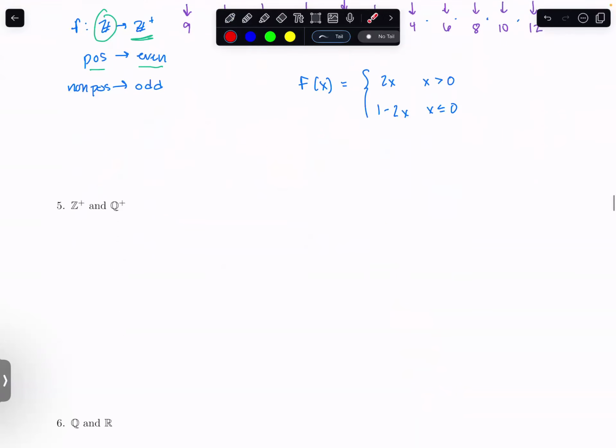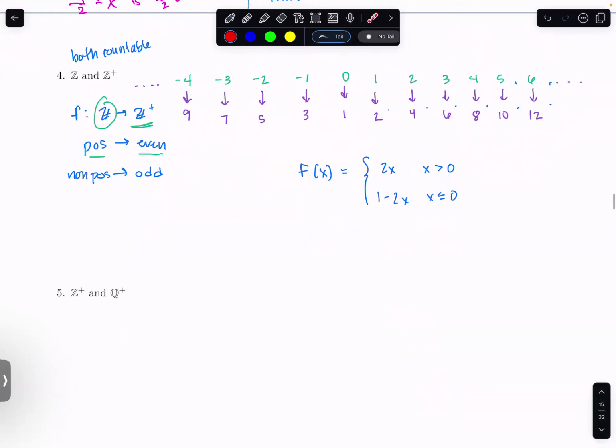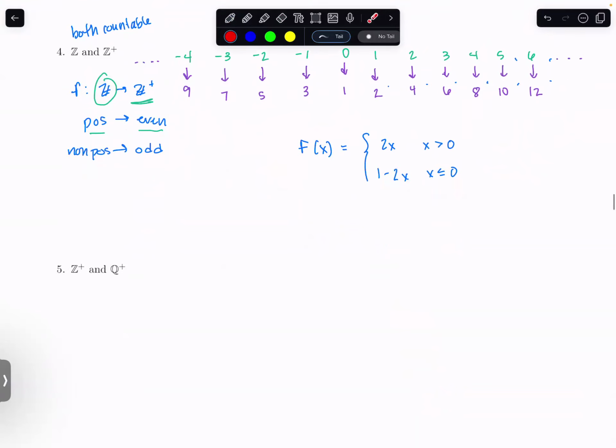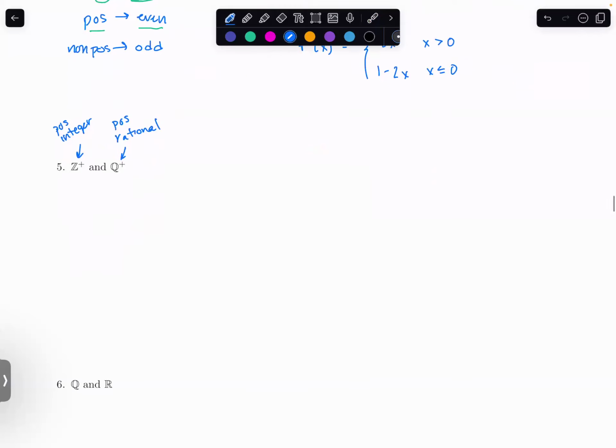All right, so again, if you could make a list, then it is countable. We are actually going to do this between Z plus and Q plus. Remember, these are the positive integers and the positive rational numbers. This idea can be expanded to the negatives too, but this is just to make the process easier looking.